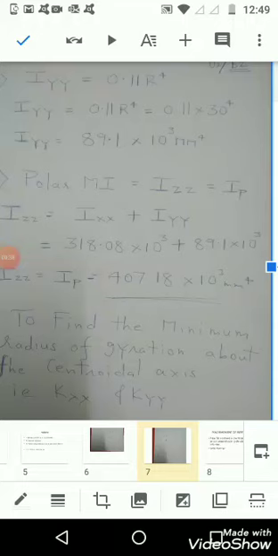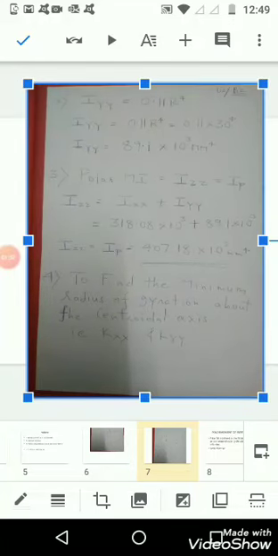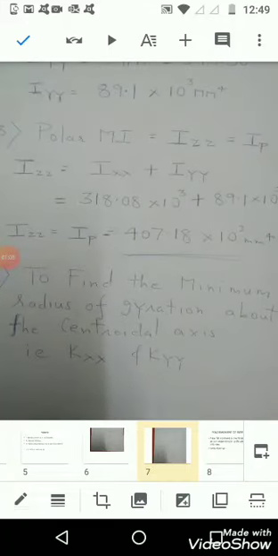So we are adding Ixx, that is 318.08 into 10 raised to 3 plus 89.1 into 10 raised to 3. We get Izz is equal to 407.18 into 10 raised to 3 mm raised to 4. So this is Izz. Now next we have to find minimum radius of gyration about the centroidal axis, Kxx and Kyy.